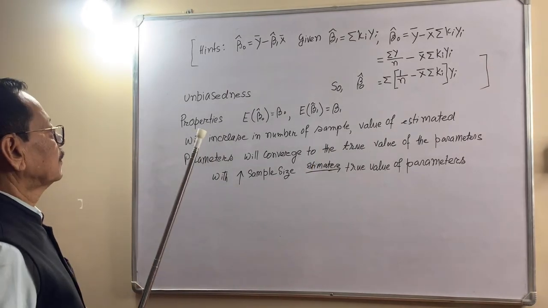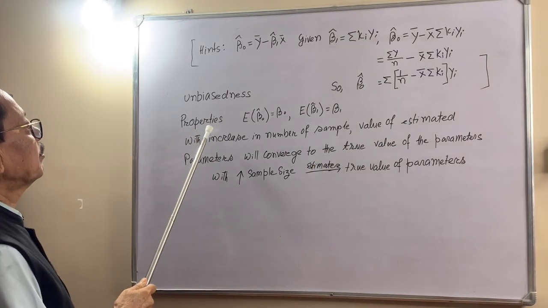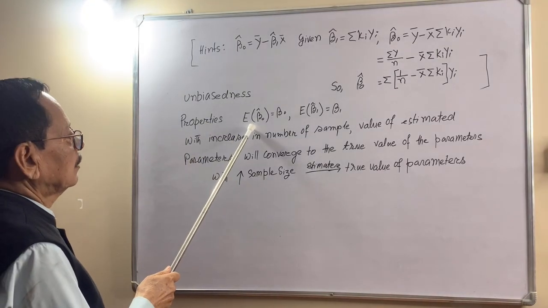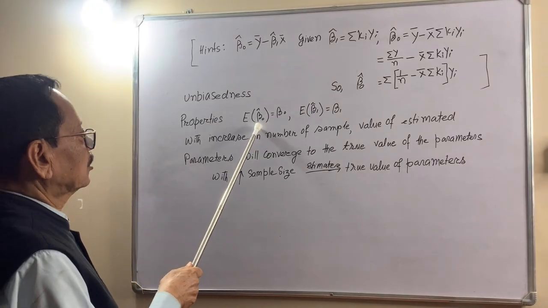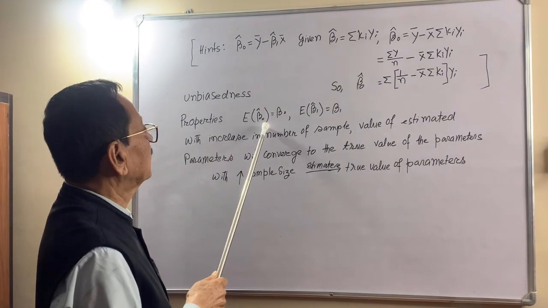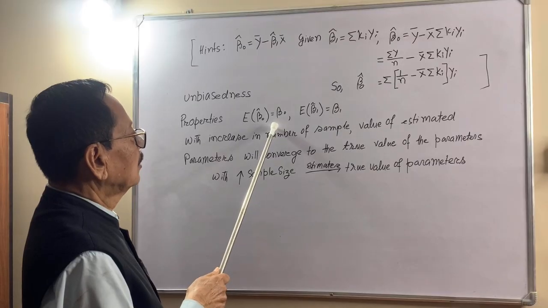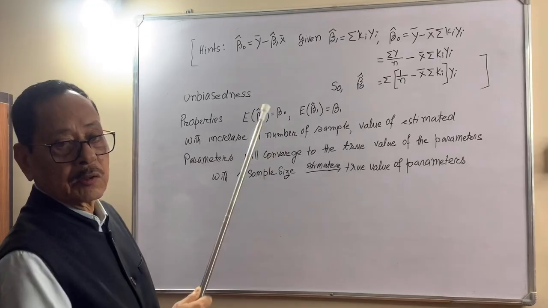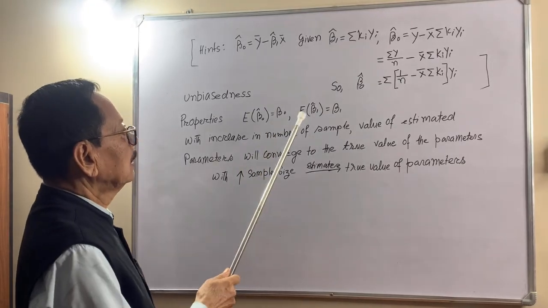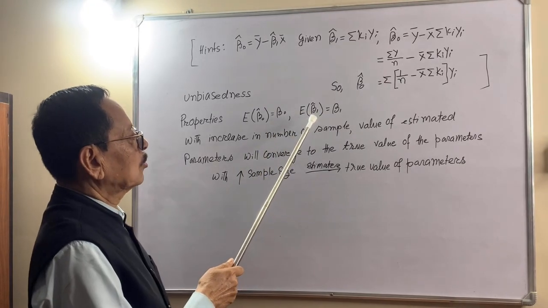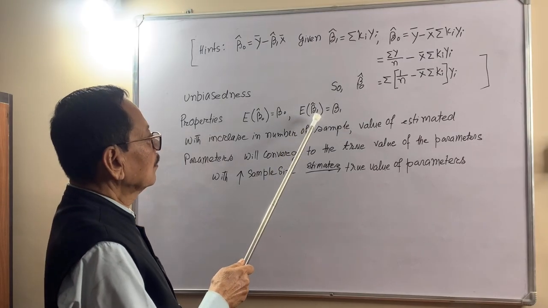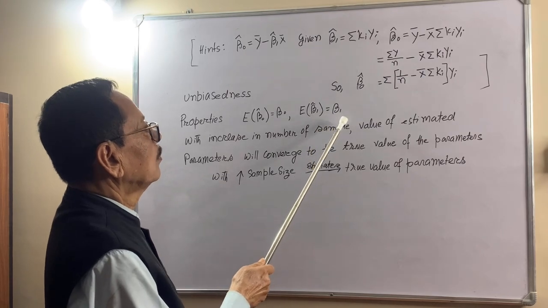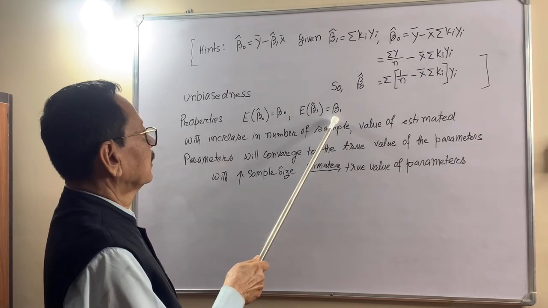Now unbiasedness. What is the important property of unbiasedness? Expected estimated beta naught, the intercept, should be equal to the population or true beta naught. Similarly, the estimated regression coefficient should be equal to the true beta.